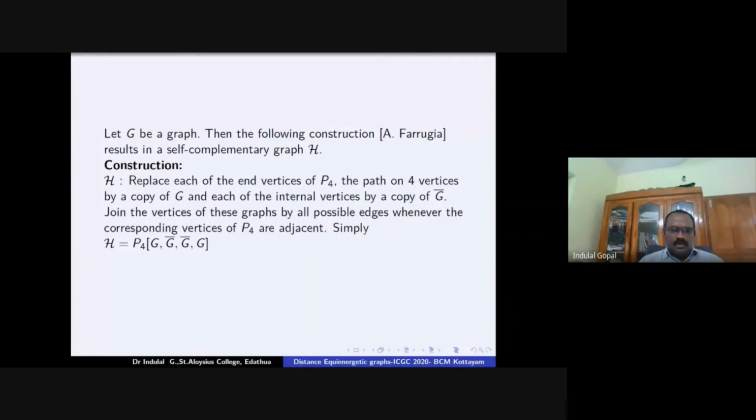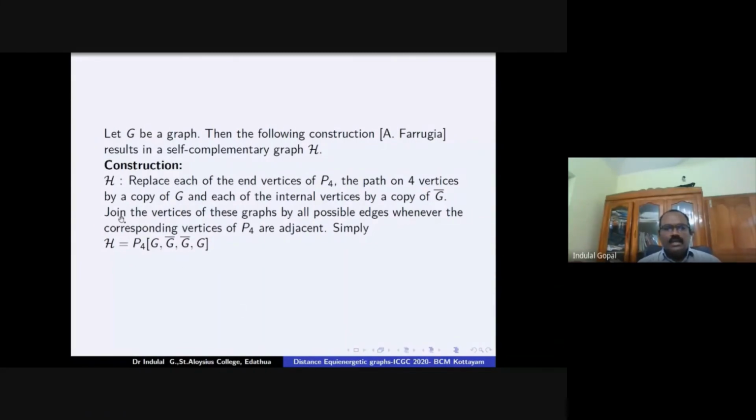Now we search for D equi-energetic graphs in the family of self-complementary graphs. We have searched in the case of join, lexicographic product, and Cartesian product. In all such classes, the answer was positive. Now we ask whether there exist D equi-energetic graphs among self-complementary graphs.